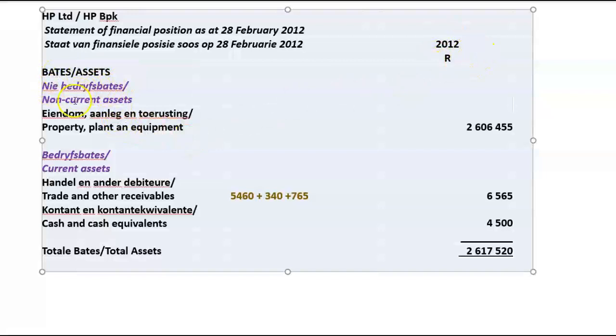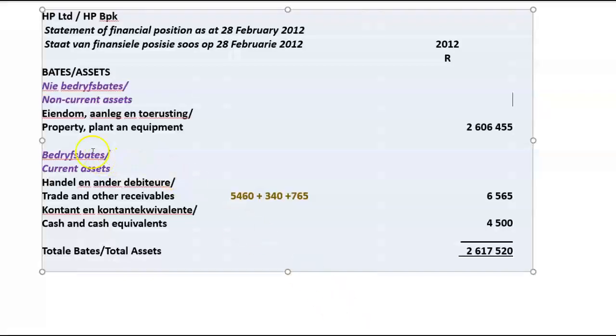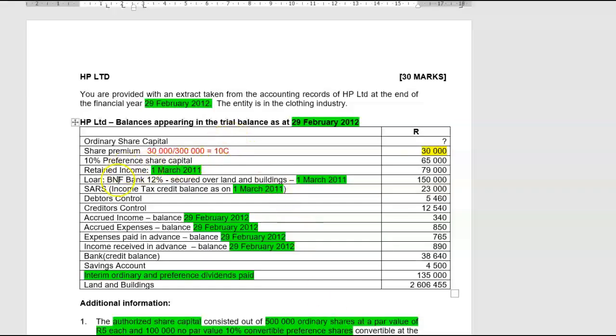Right, assets, non-current assets, property, plant and equipment, that is land and buildings, 2606,455. Current assets, trade and other receivables. Now if you go back to your trial balance, you had the debtors control there of 5640, accrued income of 340, and expenses paid in advance of 765.